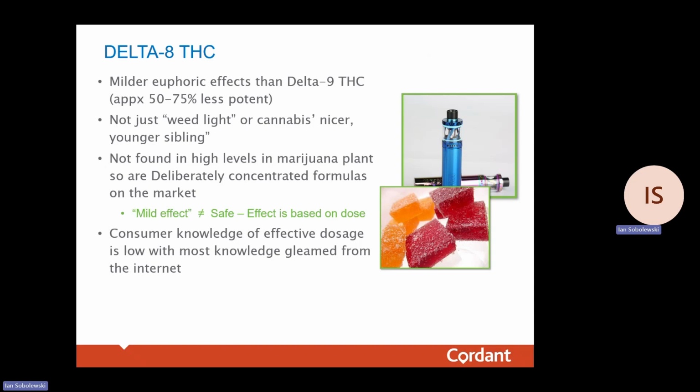Now, delta 8 is found in the marijuana plant, but it's found in a much smaller quantity, a lot lower level. So what manufacturers of this are doing is they're concentrating the levels and marketing it as essentially a way to continue to use THC, but not get around any testing or blocks that donors have.